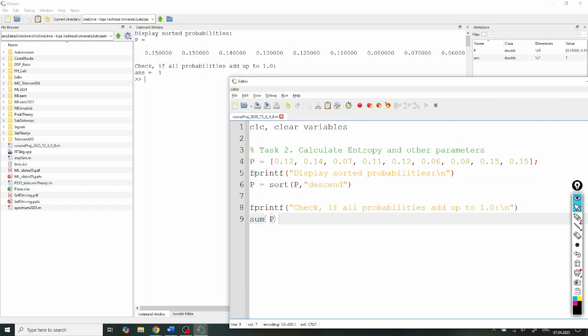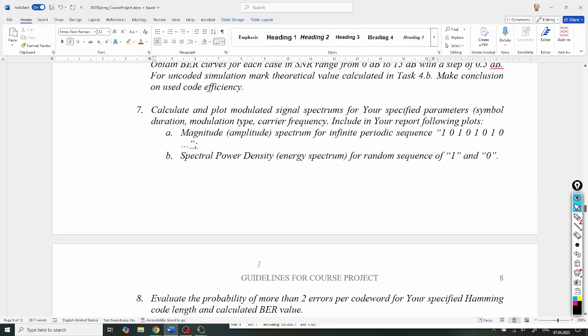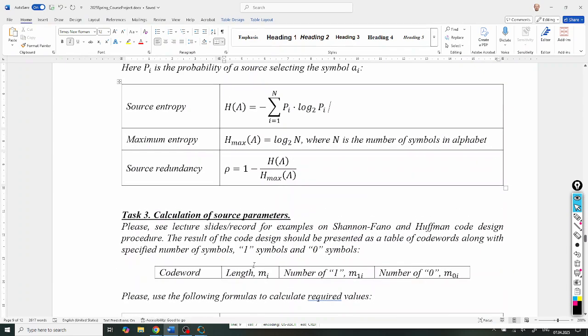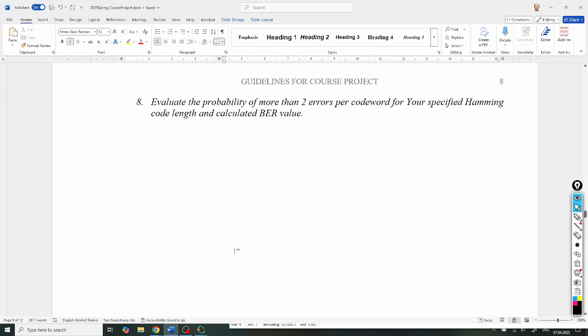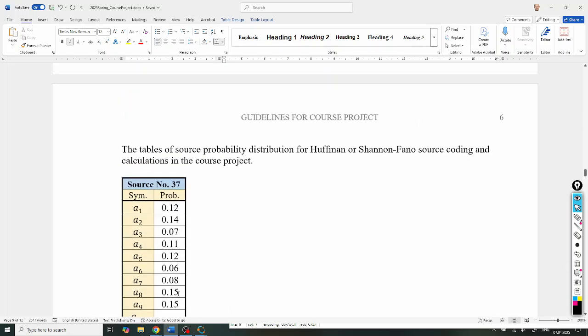Now that we have these probabilities, we can use this formula of entropy to calculate the average amount of information per one symbol in bits. So how many symbols do we have here? 9 symbols. Each of them can be encoded in binary form.